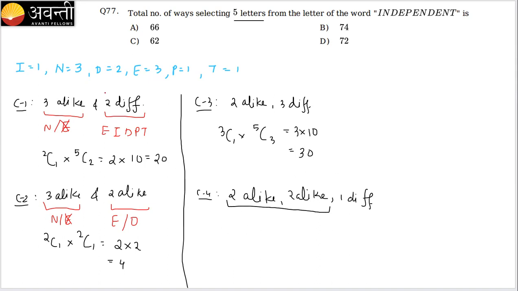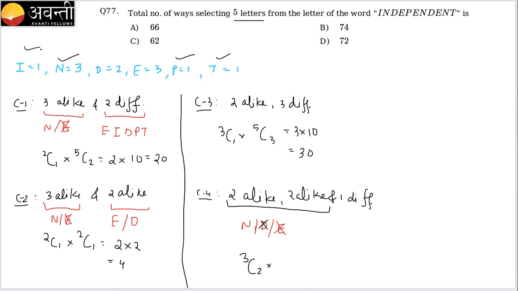So from here, we can select either N, D or E. Suppose I selected E. So the number of choices is 3C2 into 1 different. What is the meaning of 1 different? 1 different means the remaining ones: N, D, P, T. Out of these I have to select one. Okay, 2 alike and 2 alike, if I selected 2, N only.